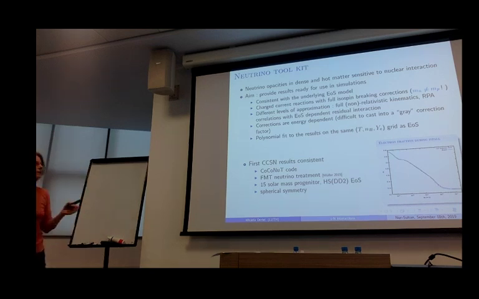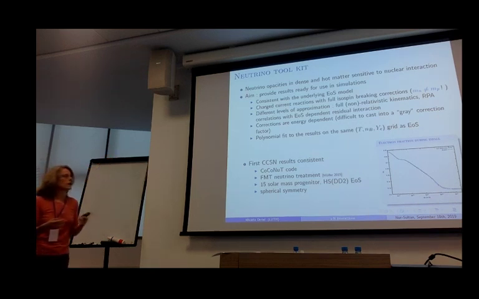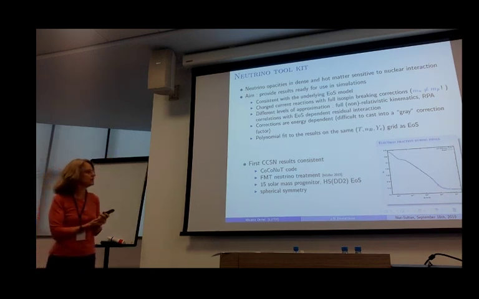But in asymmetric matter, this can be important because the mass difference is large. Then you can choose between different levels of approximation, just phase space, or including also RPA correlations. And these corrections are energy dependent.